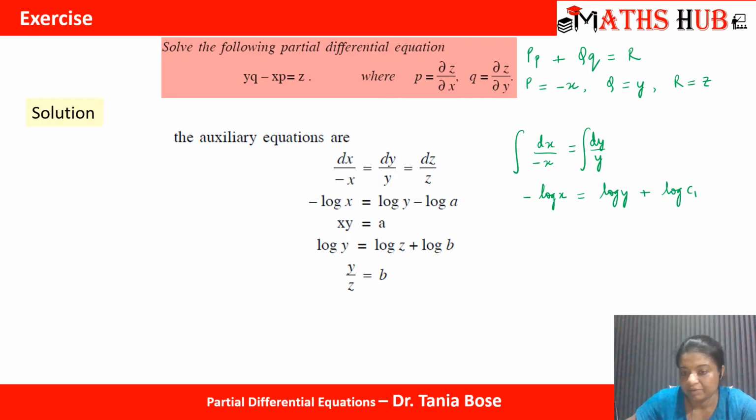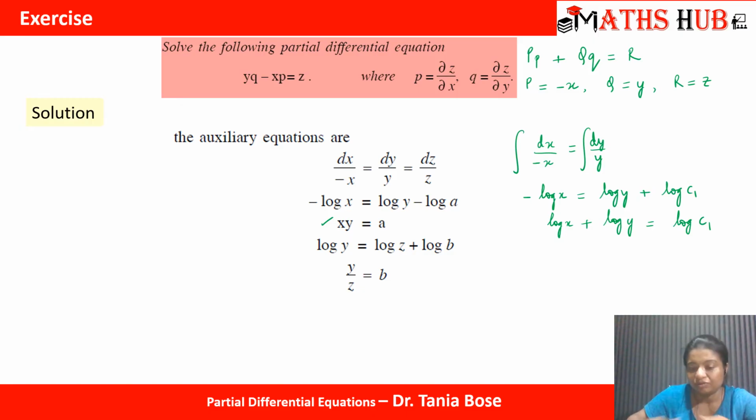So you can put any arbitrary constant here. Then we can take log y to this side. Both will have a negative sign, so that negative sign can be transferred onto the constant. And we will finally get log x plus log y is equal to log c1, right? And when you remove the logs using the properties of log, you will get xy is equal to some constant c.